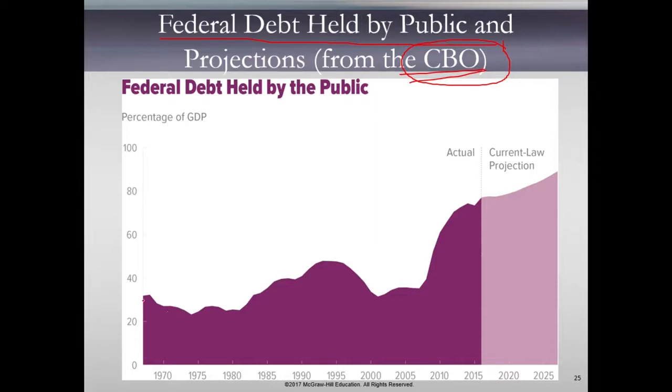And so what you can see is that over time, the amount of federal debt held by the public has increased substantially. So the government indebtedness overall as a percentage of GDP has increased.